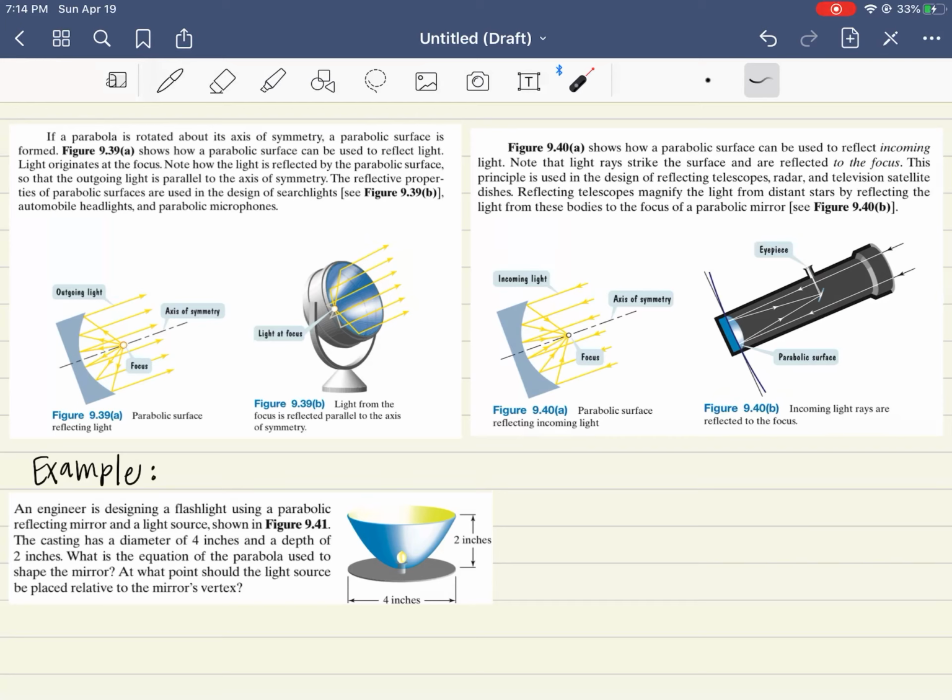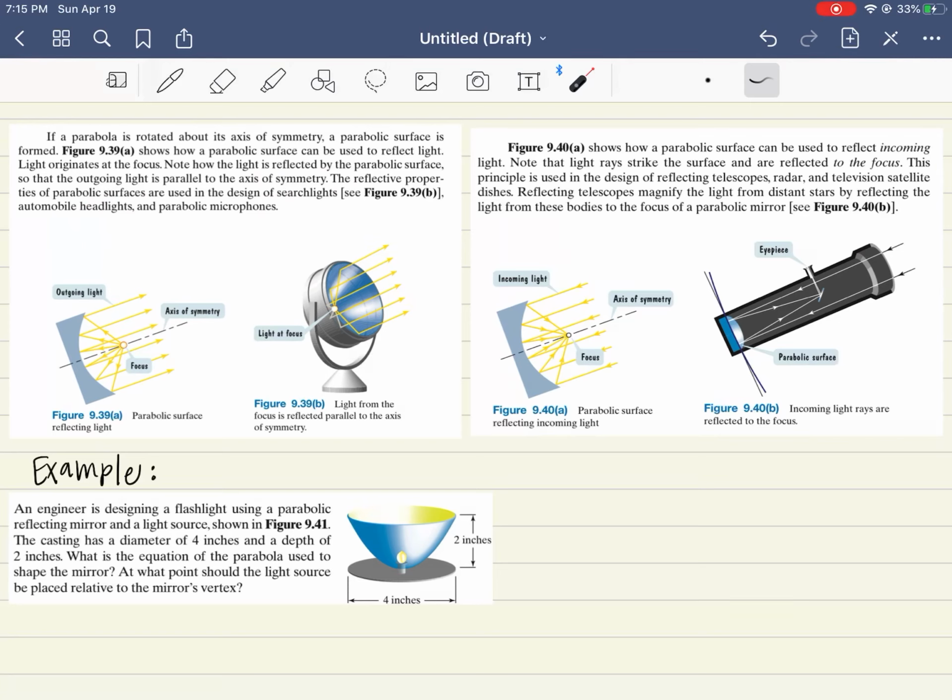And this specifically is talking about, well, sometimes light originates at the focal point, so right here in the focus in the middle, and the light is being reflected by this parabolic shape and shooting it straight out into the rays that are actually symmetric to that axis of symmetry. So your light is shining straight forward. That would be something like the designing of searchlights or headlights, right? Light that's projecting and needs to project straight out.